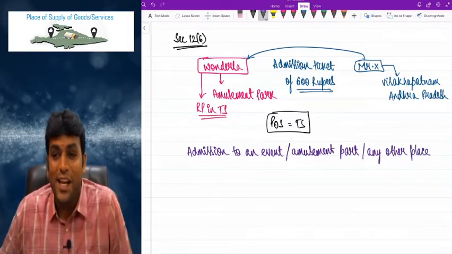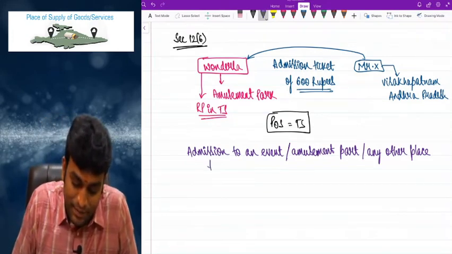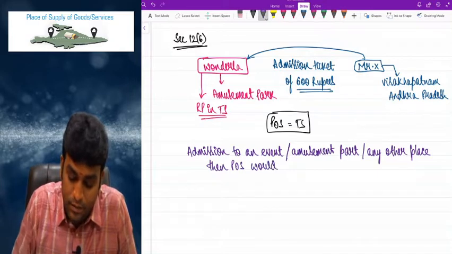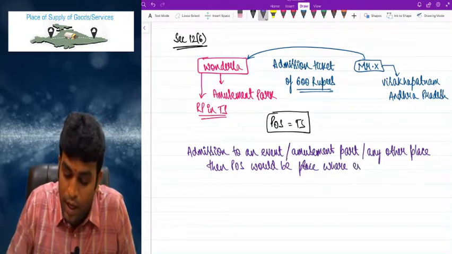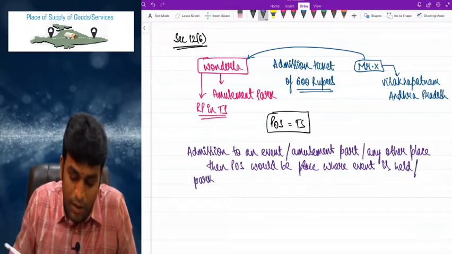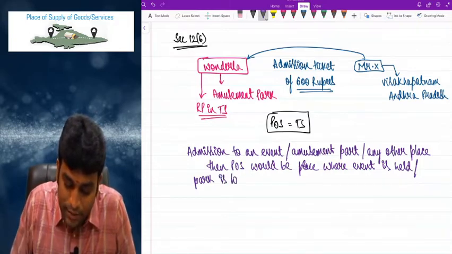Entry ticket for an amusement park or any other place, then POS would be the place where the event is held, or park is located.